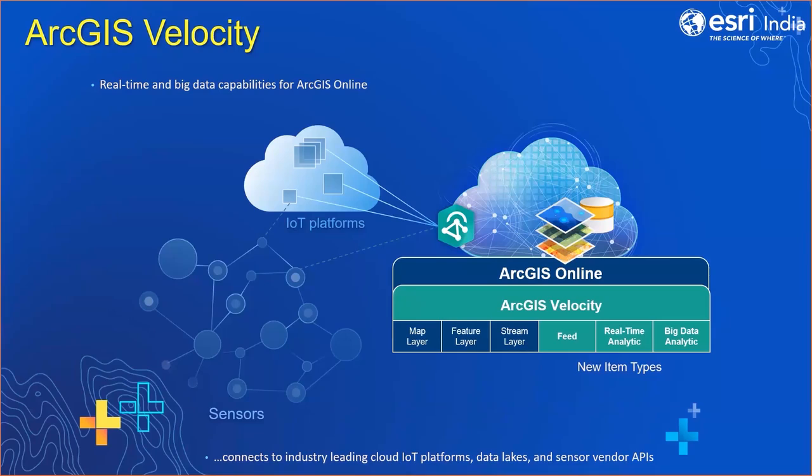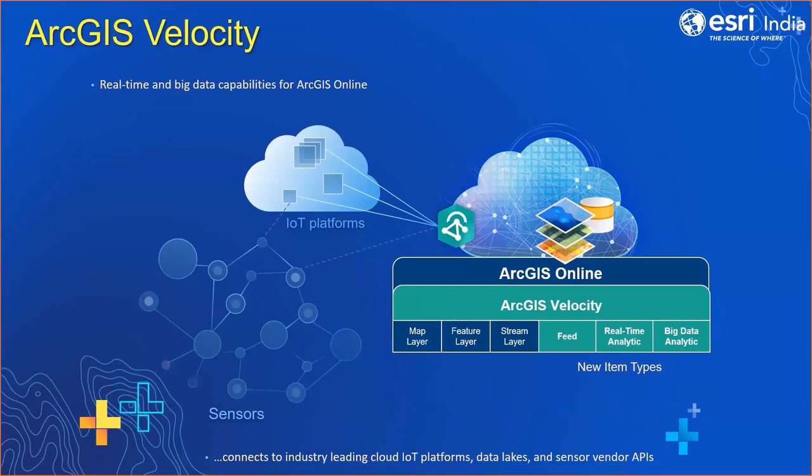So high-velocity event data can be filtered, processed, and sent to multiple destinations, which we saw in the Geo Event Server part. It allows us to connect virtually to any type of data stream and automatically alert personnel when specified conditions occur.